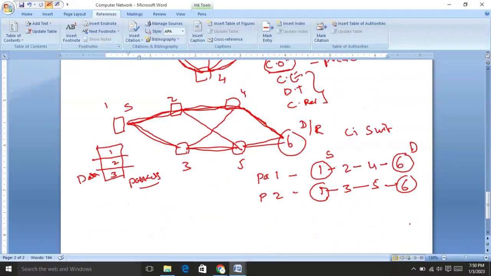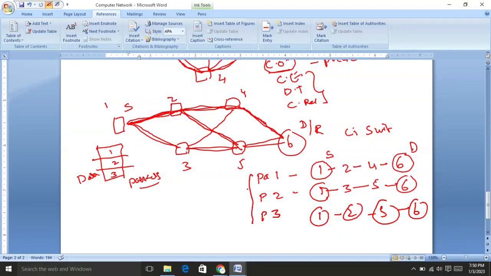In the same way, the third packet, or the last packet, travels from the source to the second node, that is 1 to 2, then 2 to 5, and 5 to 6. So three packets are transmitted over three different paths at the same time. This is known as a packet switched network.